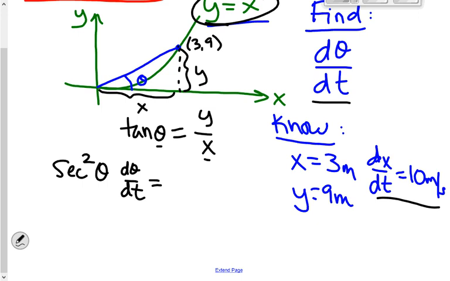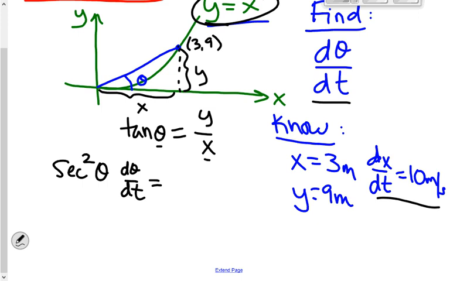Now I need to take that derivative of y over x. So what am I going to have to use? Quotient rule, which we haven't practiced in a while. So let's do that. Okay. All together now. If I do the quotient rule, well, tell me in words what the quotient rule is.